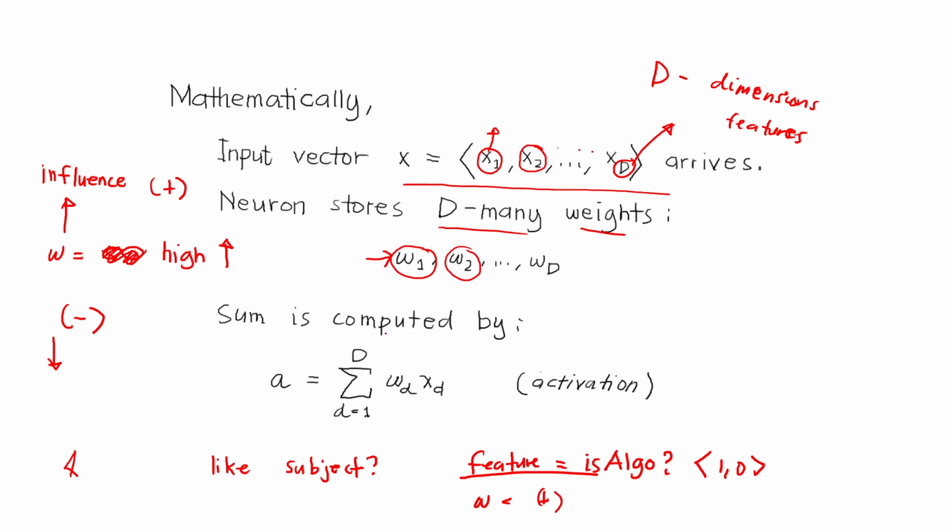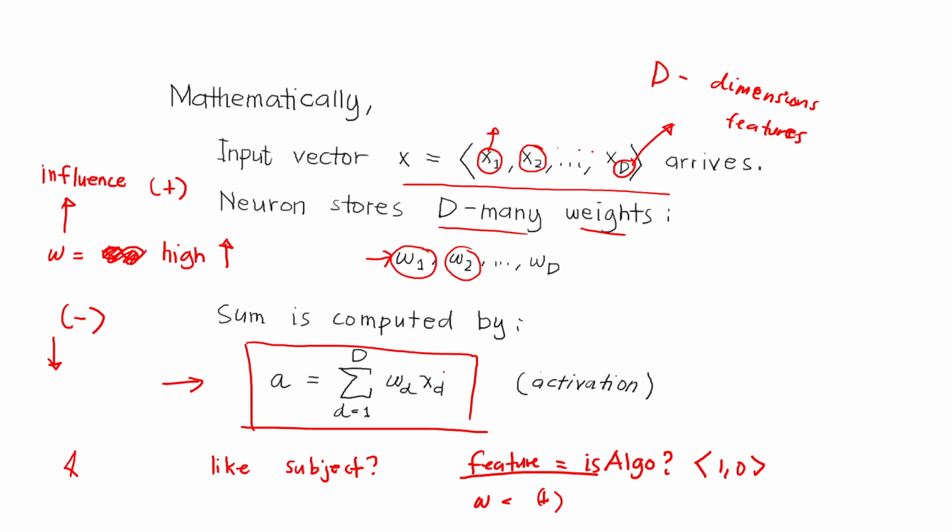So the sum is computed by this formula here. The activation is just the summation of the weighted sum.